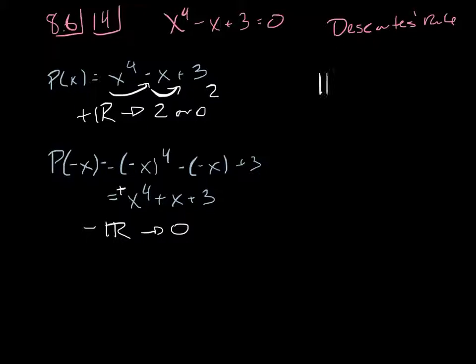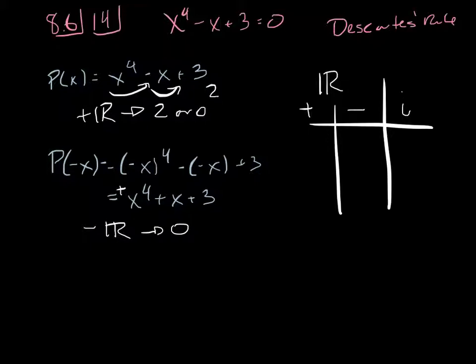So what we have is an option of real roots. We can have positive real roots or negative real roots, or we can have imaginary. Our options are 2 and 0, or 0 and 0.